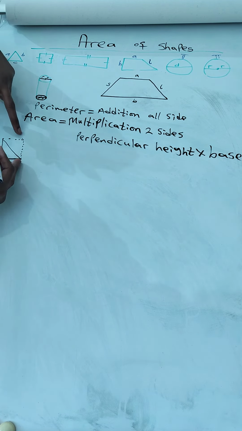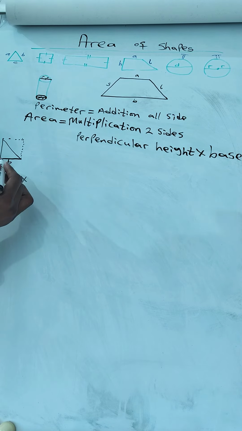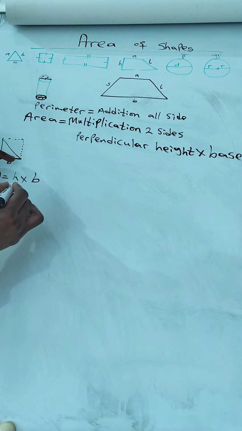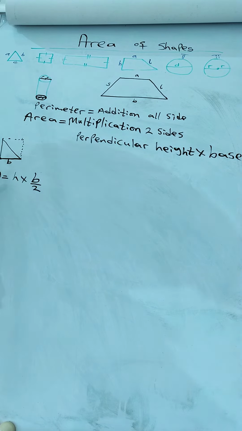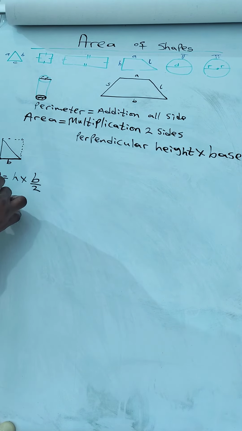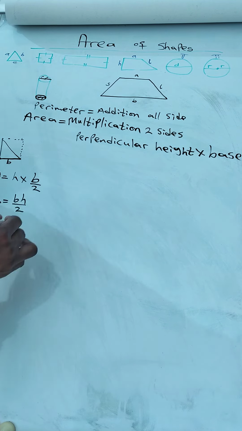But in that essence, we have to take the height multiplied by the base, but this base is an average of two bases. So that is why under triangle we have half base times height. If we rearrange it very well, you will discover that the area of a right angle triangle becomes half base times height.